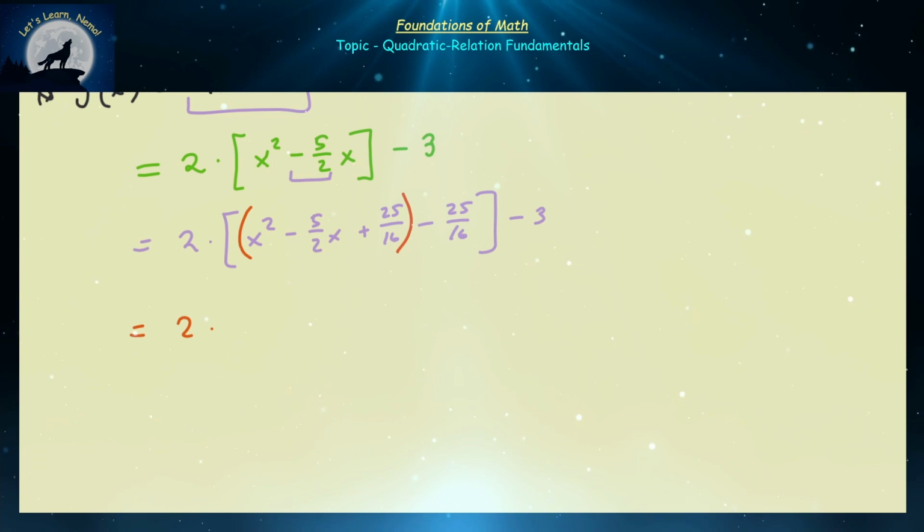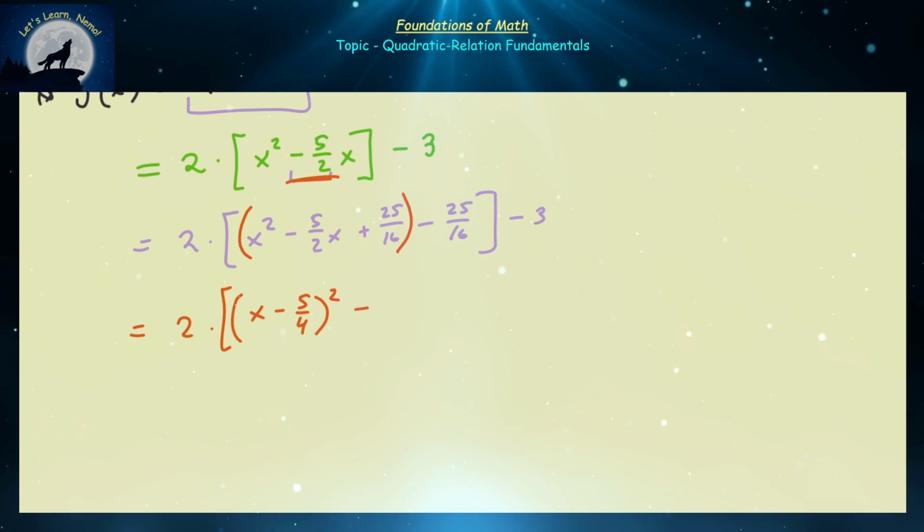What two numbers multiply together to give you 25/16 and add together to give you negative 5/2? You should say, oh, that's going to be minus 5/4 and minus 5/4. It's actually always that number divided by 2. So that's going to give us (x minus 5/4) quantity squared, and don't forget that 25/16 that's still on the inside of that bracket.